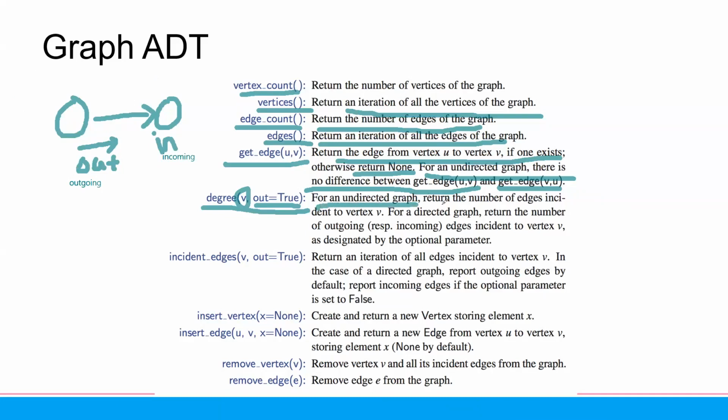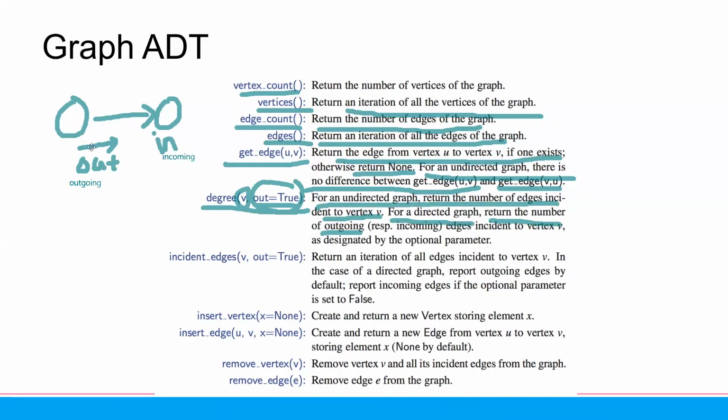For an undirected graph, return the number of edges incident to vertex V. So it is only measuring how many incident edges. For a directed graph, return the number of outgoing edges, because out is true.